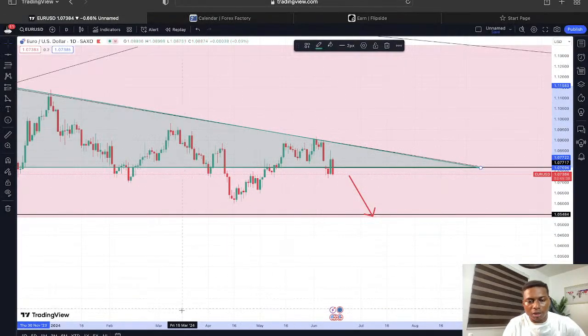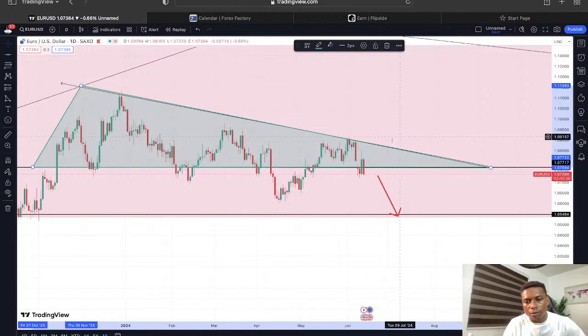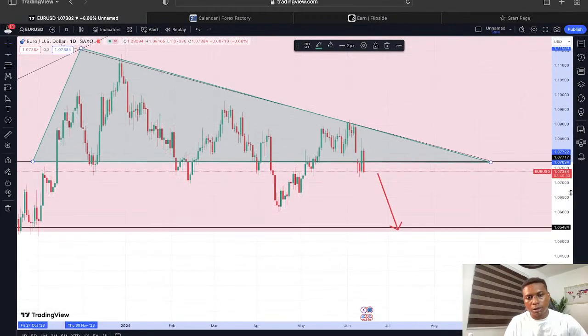But we can see that the reaction to the news was short-lived, not quite long before it started reversing backwards. We saw that CPI yesterday created a lot of buy momentum that was sustained throughout the day, and today we saw price pushing back downwards. So this is giving us a clearer perspective as to Euro USD being bearish.